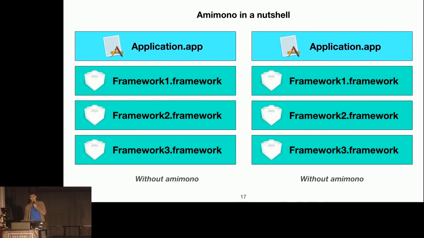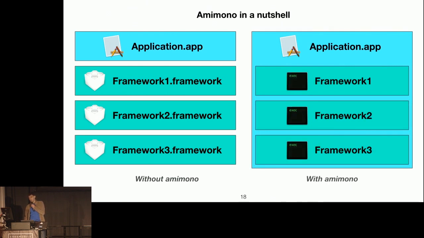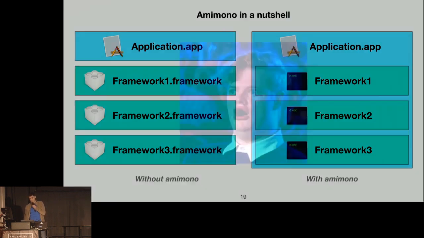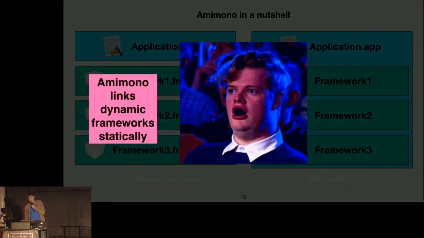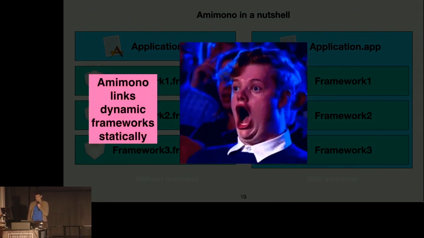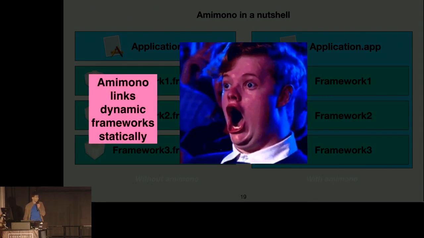And now on the right, we have the application with Amimono involved, which shows us that we have no dynamic frameworks at all. Instead, we have binaries of those dynamic frameworks linked statically. So yes, Amimono links dynamic frameworks statically, and that was my face when I initially heard about that stuff.